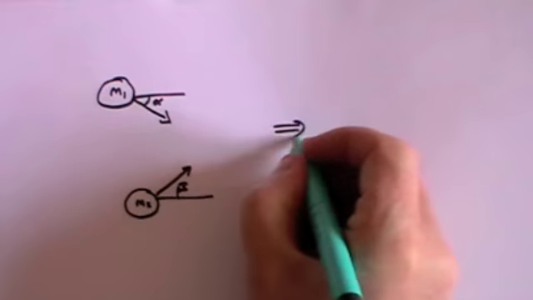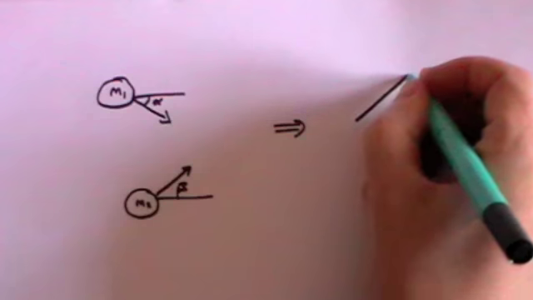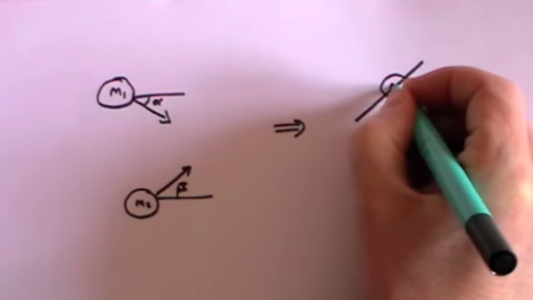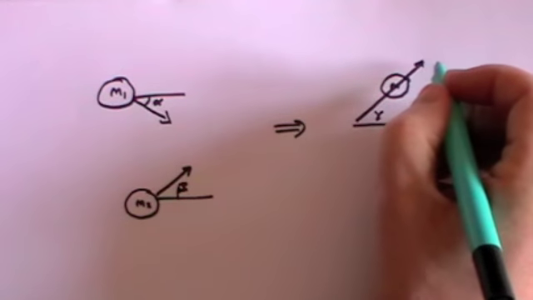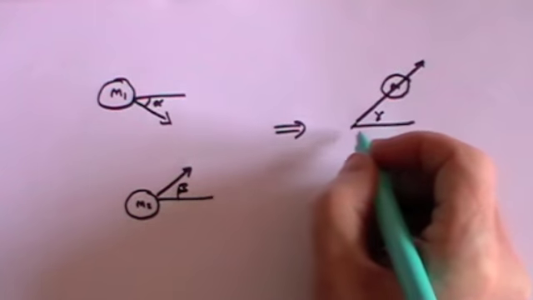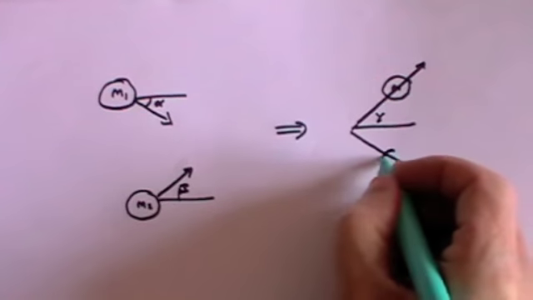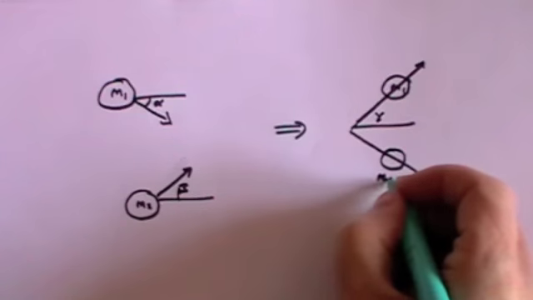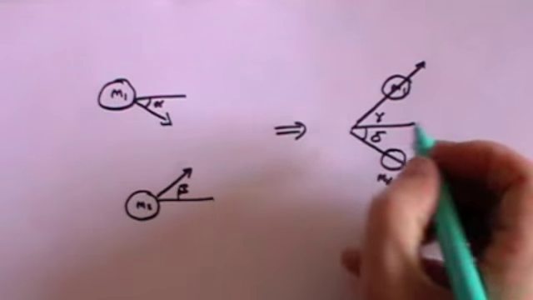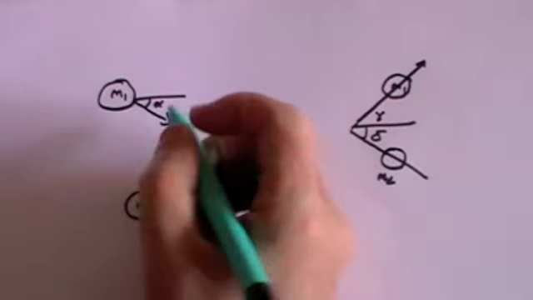And that produces a situation where m1 shoots off in this direction at an angle gamma, and this ball shoots off, that's m1, this is m2, and that shoots off at an angle delta. And of course we have to give them velocities.